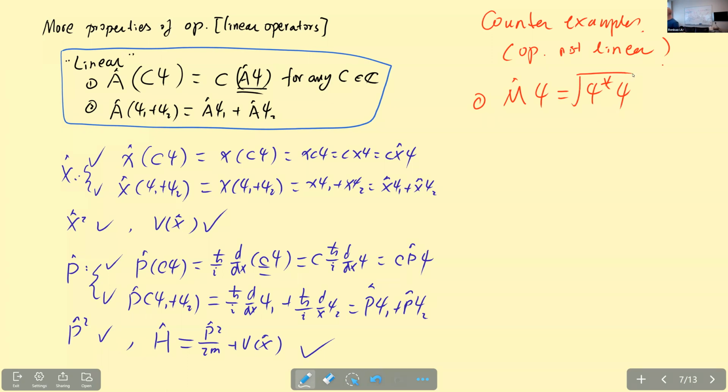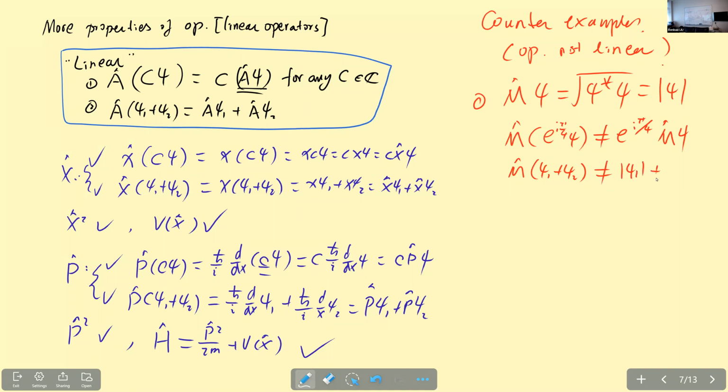Obviously, if we multiply psi by, for example, e to the i pi over 4, this does not equal e to the i pi over 4 times the original. So it's not linear. And in general, if you have psi 1 and psi 2, the modulus of the sum should not equal the sum of the moduli, right?